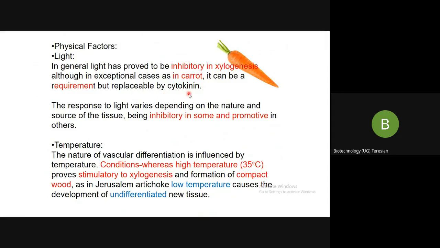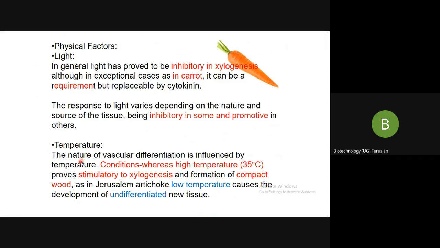So you can see that the response to light varies depending on the nature of the source of tissue. That is, what type of explant you have chosen, what species or genus of the explant you have chosen. Depending on that, the light may be inhibitory or it can have a promotive effect.